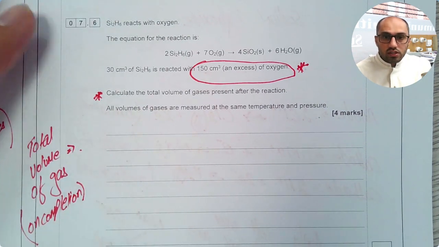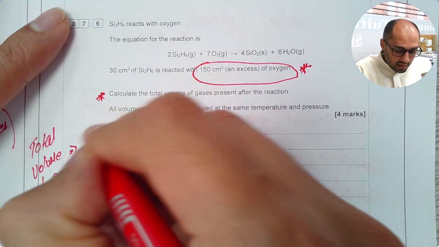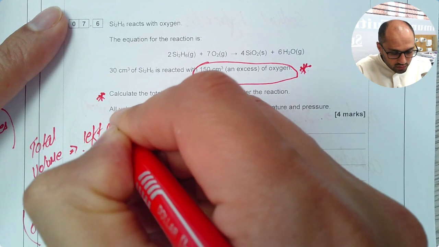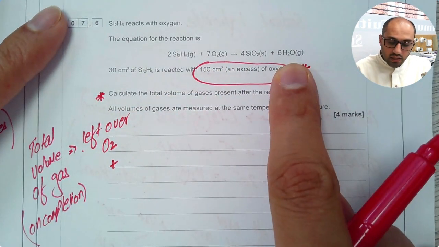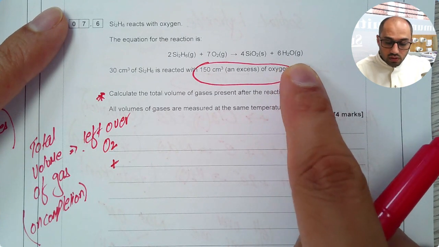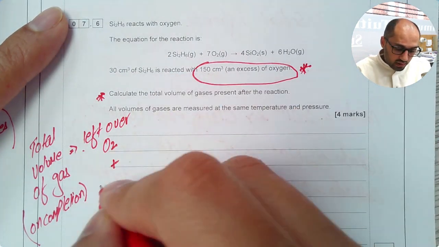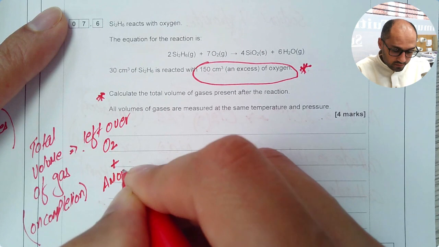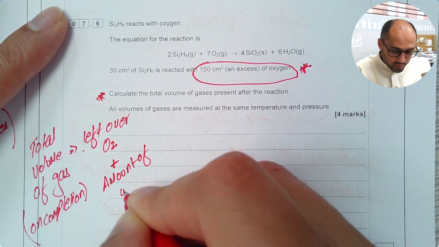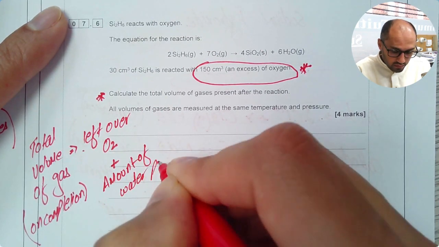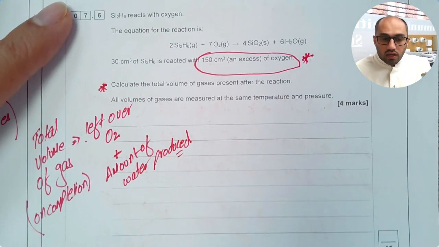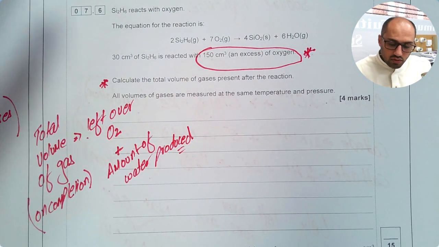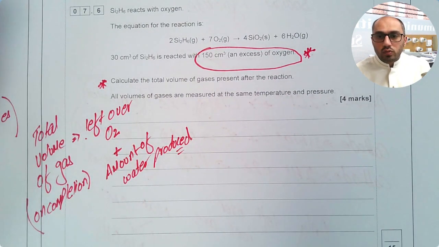It will be comprised of two sections: one will be leftover oxygen, plus 6H2O, which is also in the form of gas. So I'm going to say plus the amount of water produced. If we can work out these two values, then we'll be able to work out the answer.